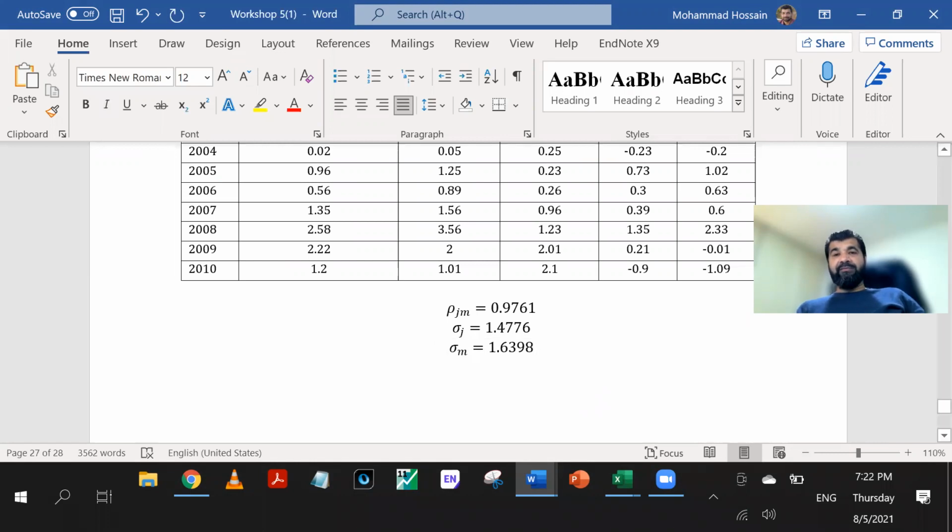Okay, plug and play now. Let's calculate the beta values.